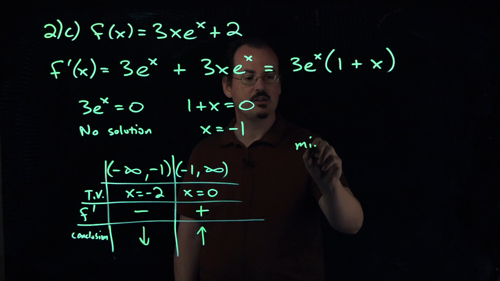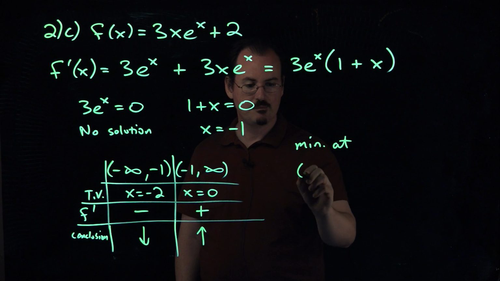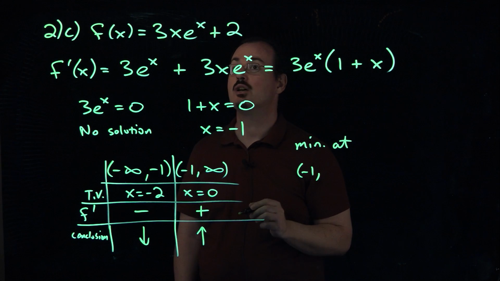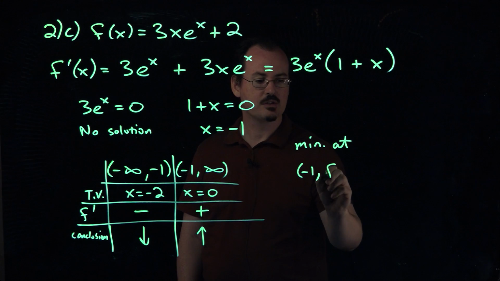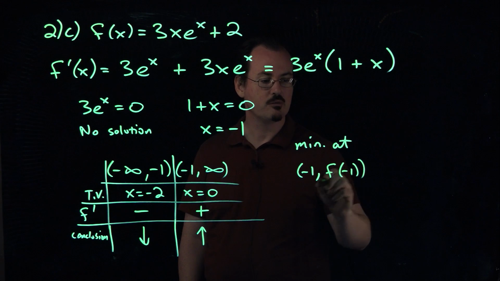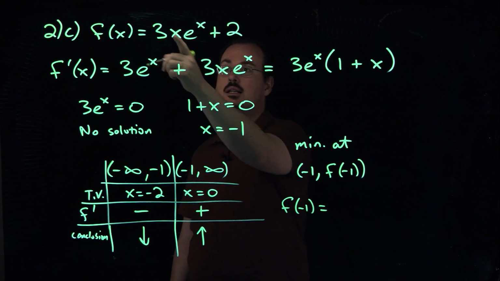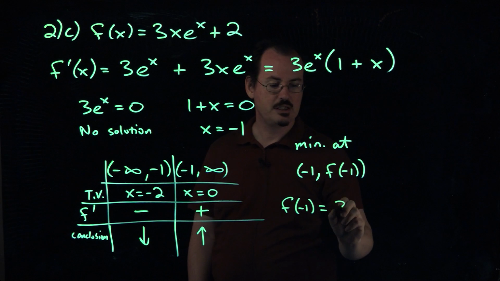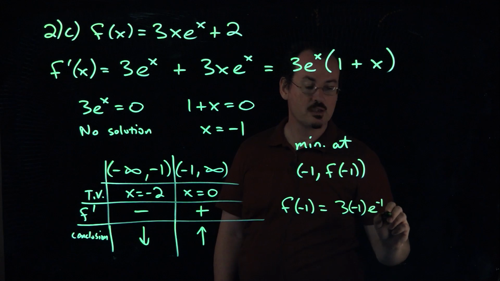So the minimum value is at -1, and then f of -1. If I plug -1 into this thing, I'm going to get, well, let's go ahead and just say f of -1 for now, and then we'll figure that out. F of -1, again, that's the original function. I'll get 3 times -1 e to the -1 power plus 2.